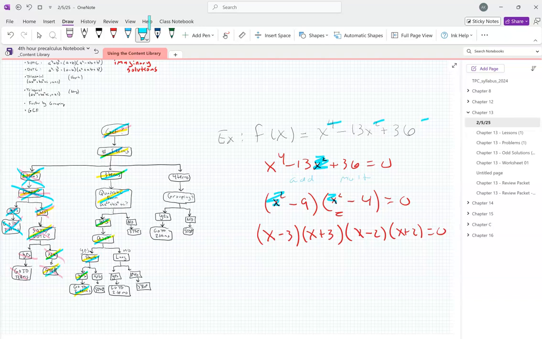Is everybody okay with me just kind of hand waving there at the end? Once you see degree 1 terms, you know you're done. So we get 3 and negative 3, 2 and negative 2.